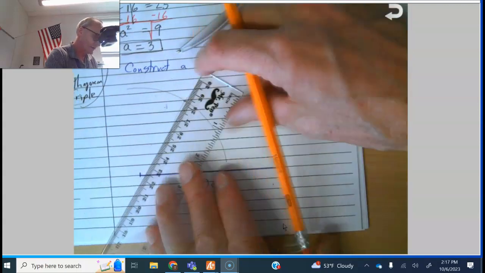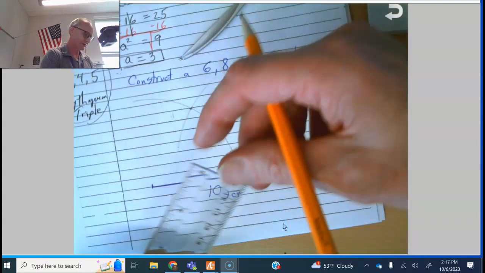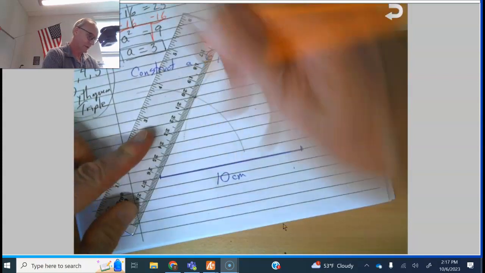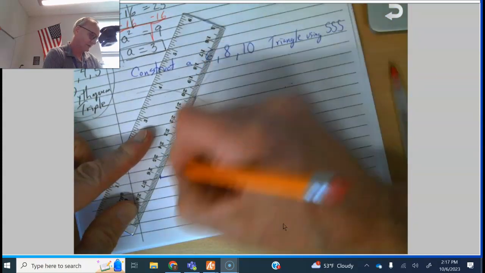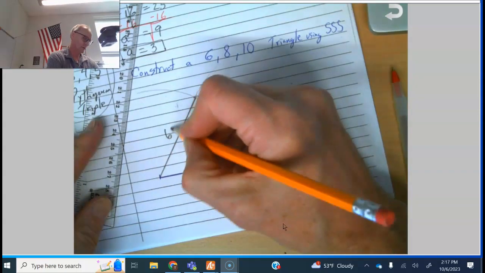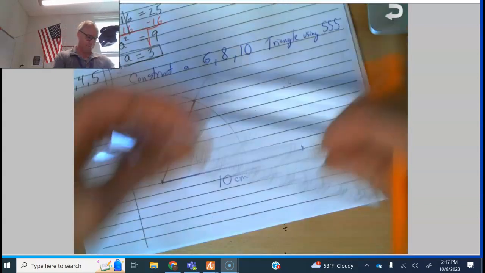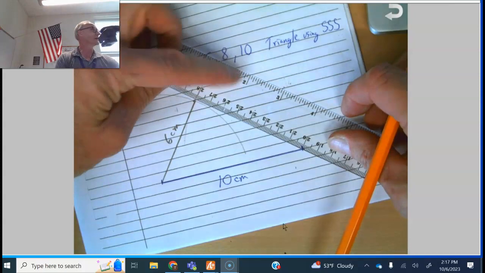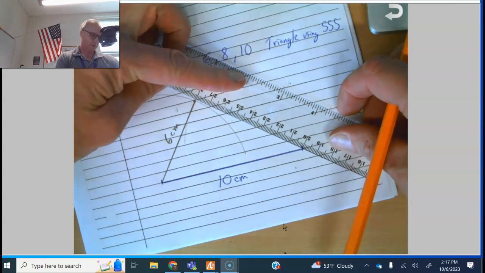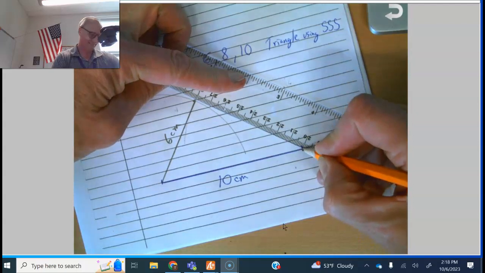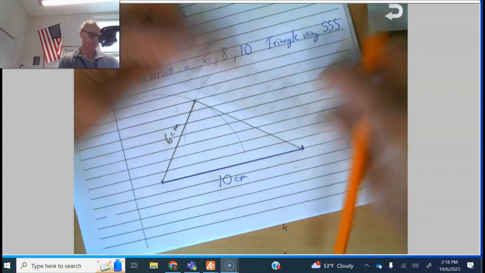I'll put my measurement on here so you can see it. Can everybody see it's 6 centimeters here? 20 to 26. That's 6 centimeters right there. The other side is 8. 20 to 28 for me. Some of you have the nice side of the ruler. You can go from 0, right? Makes it a little easier. There you go.